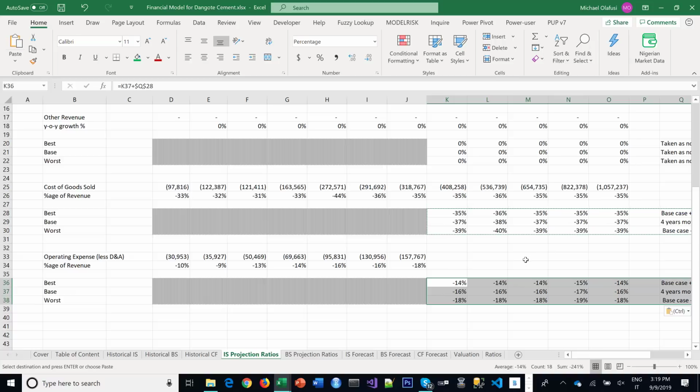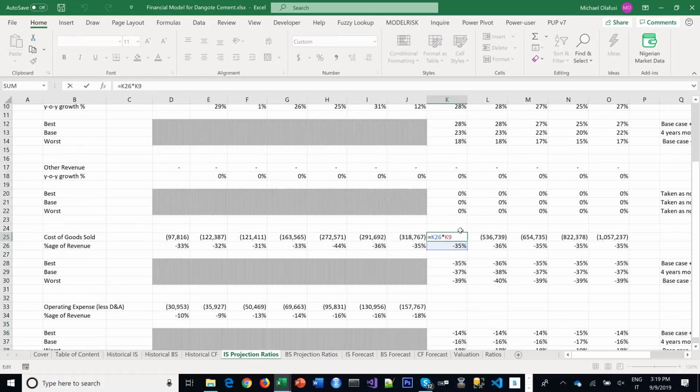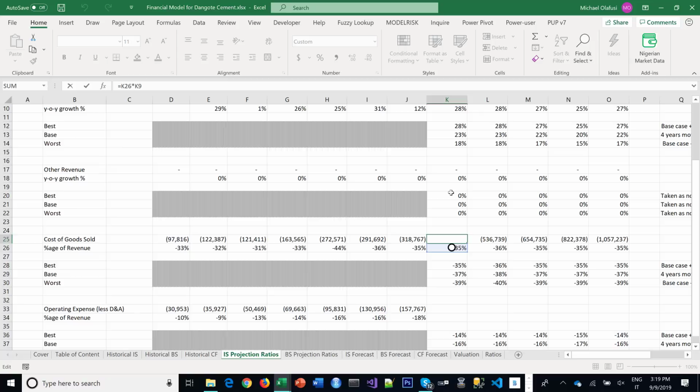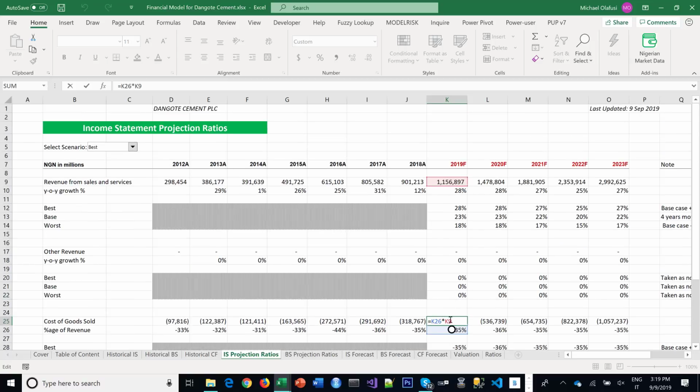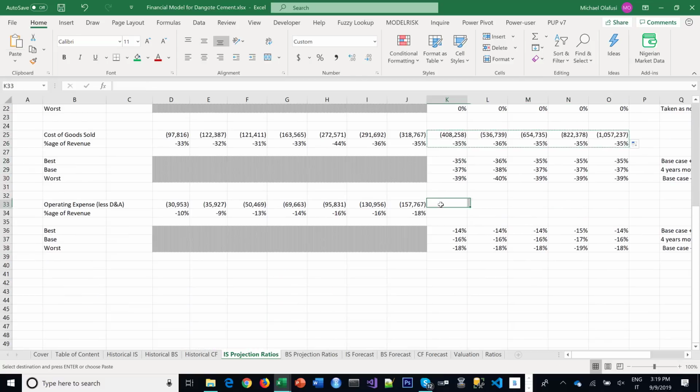And again, since I know I'm going to use this formula of multiplying this by this, I can also lock the part I don't want to change, more like mixed referencing, and I can paste here.